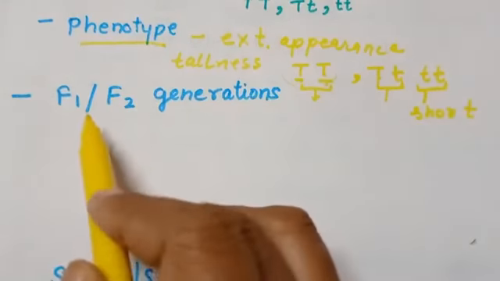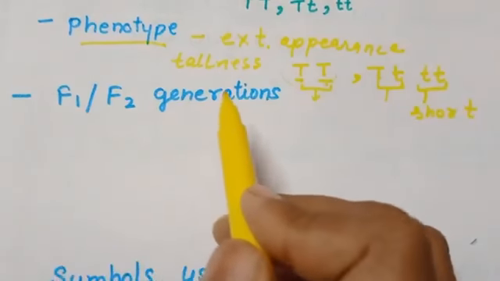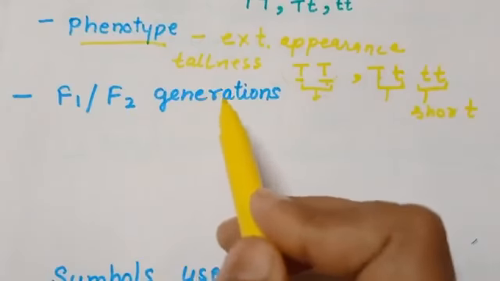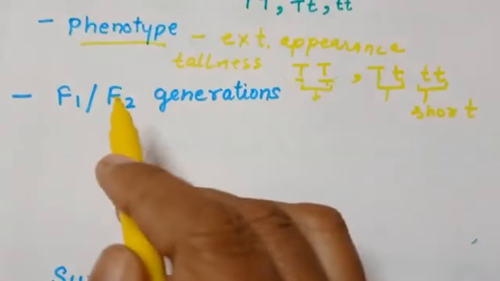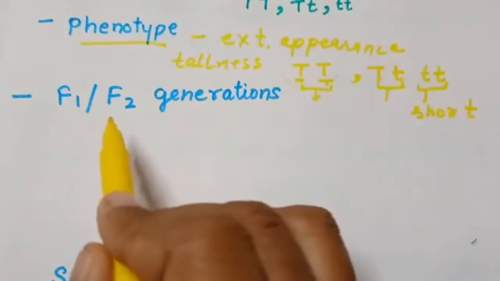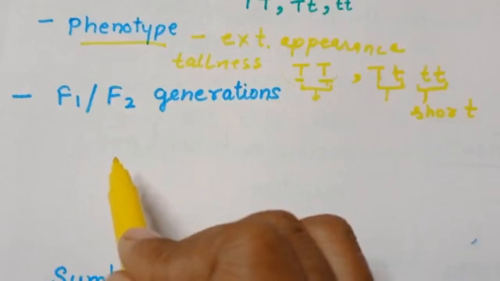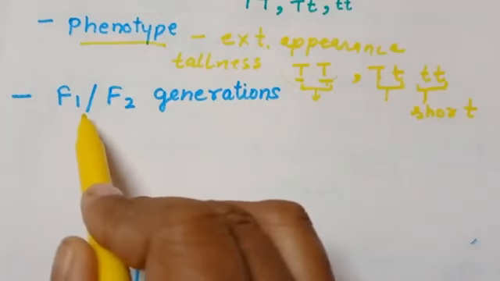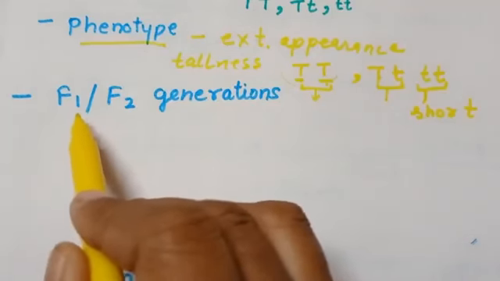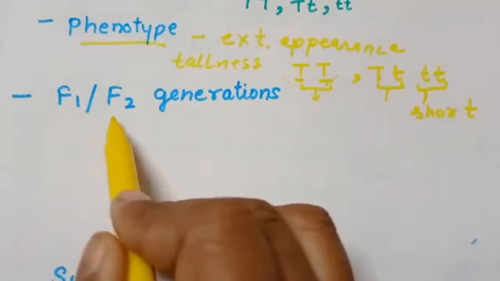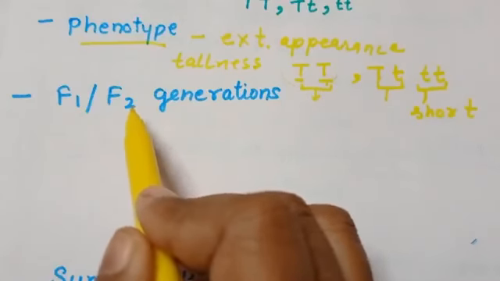Now we have F1 and F2 generations. What is F1 and F2 generation? F1 and F2 both are filial generations. F1 will be the first filial generation and F2 will be the second filial generation.